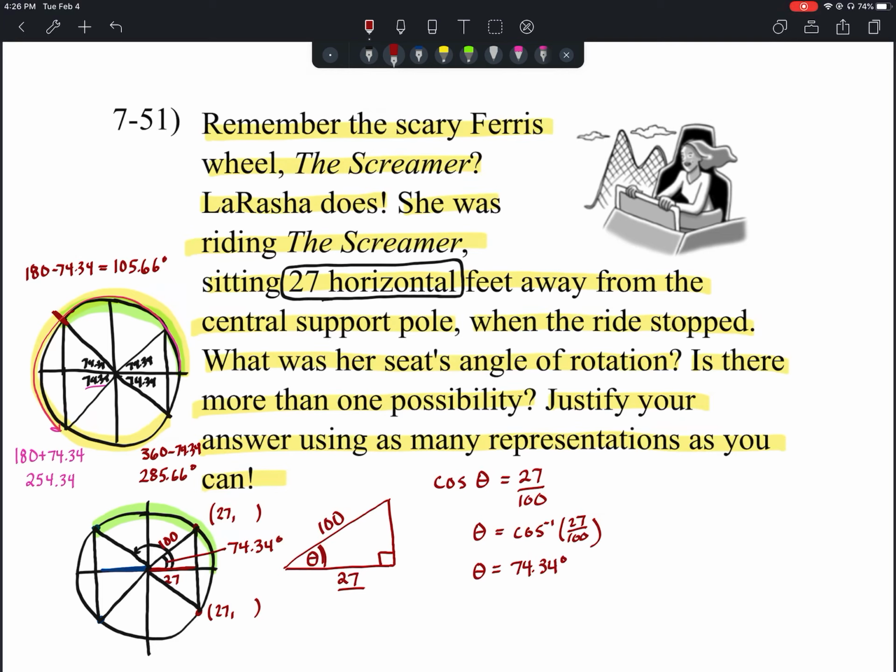LaRasha could have been at 74.34 degrees, 105.66 degrees, 254.34 degrees, or 285.66 degrees. These are the possible angles of rotation that LaRasha could have been stuck at.